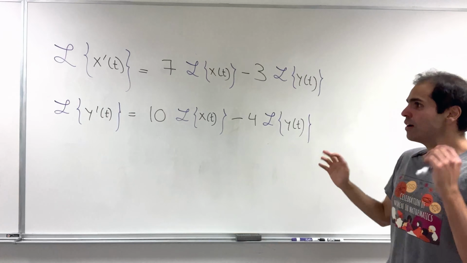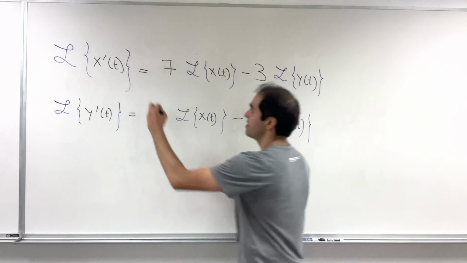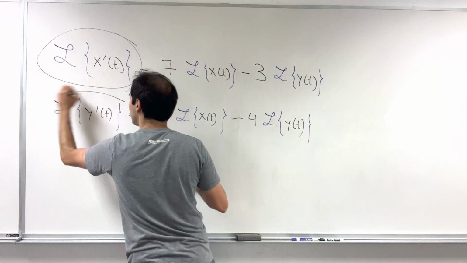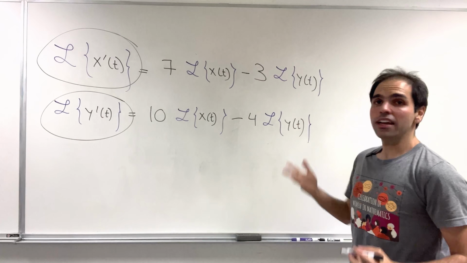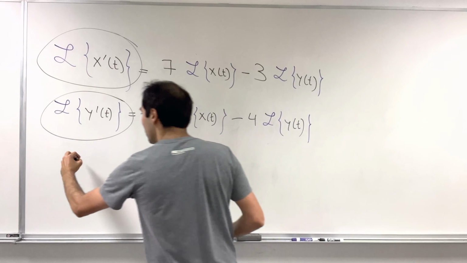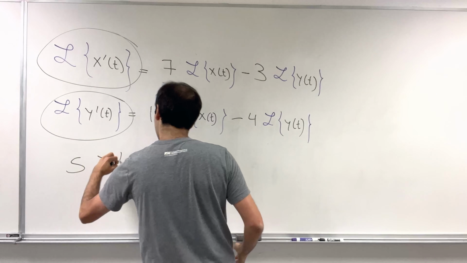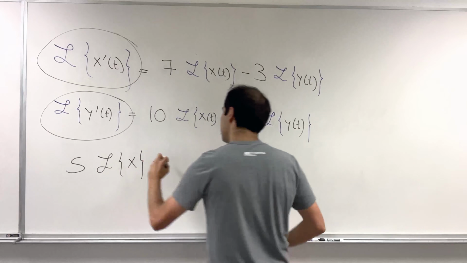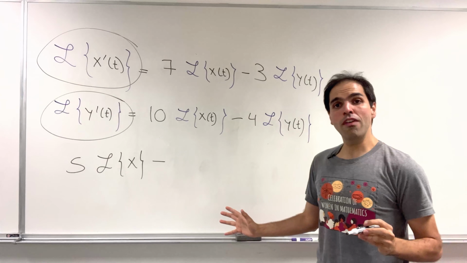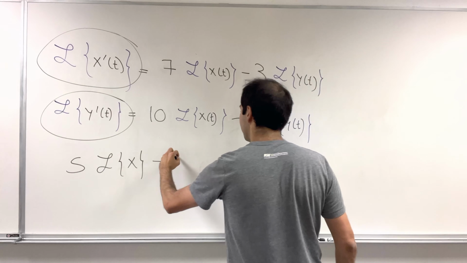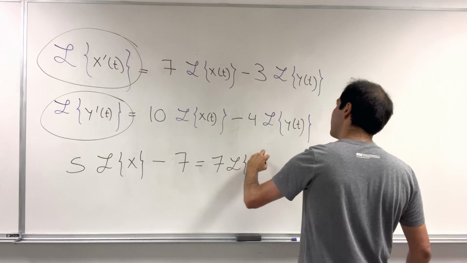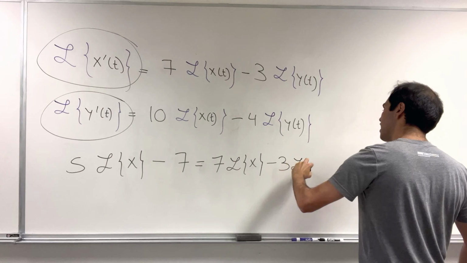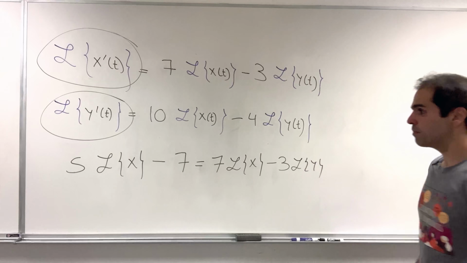And again, what's amazing here is that those two left-hand sides simplify tremendously, because what we get now is s times the Laplace transform of x, minus the initial value of x, which was 7, equals 7 Laplace transform of x minus 3 Laplace transform of y.